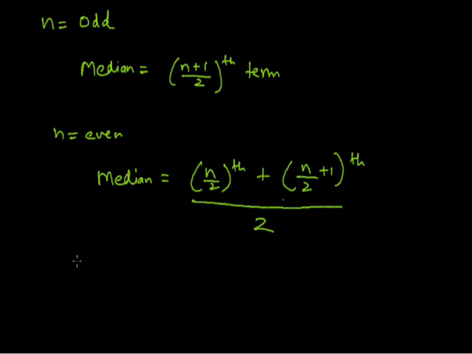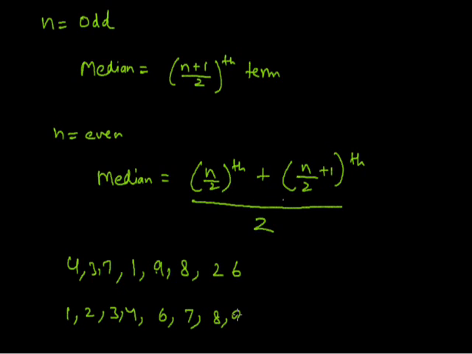Suppose I take the observations as 4, 3, 7, 1, 9, 8, 2, and 6. First I will have to arrange this in ascending or descending order: 1, 2, 3, 4, 6, 7, 8, and 9.